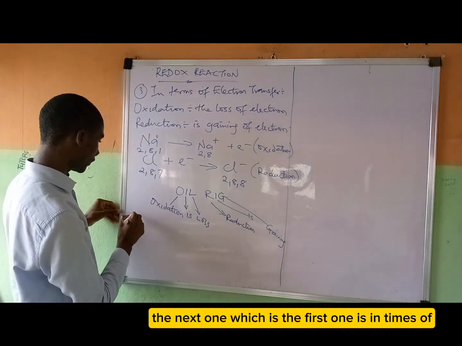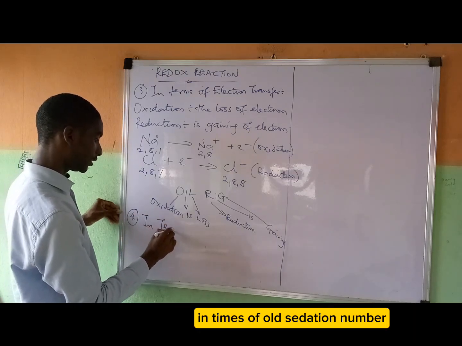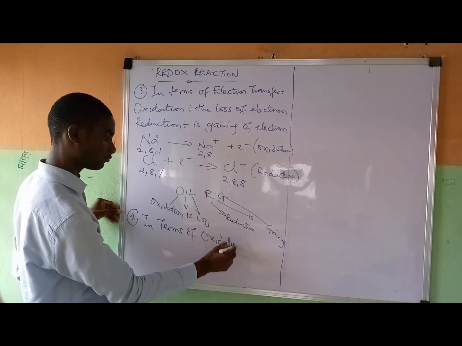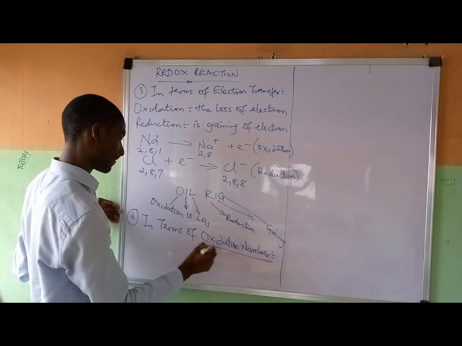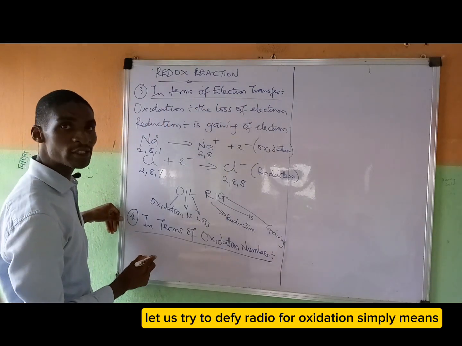The next one, which is the fourth one, is in terms of oxidation number. So in terms of oxidation number, let us try to define redox.